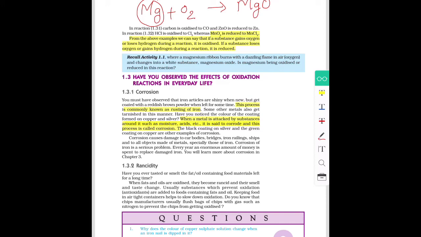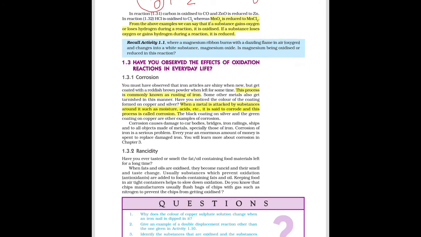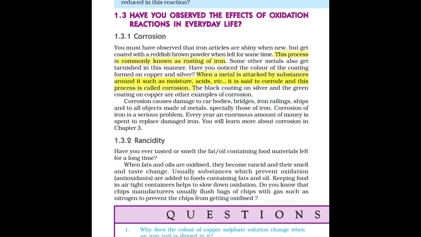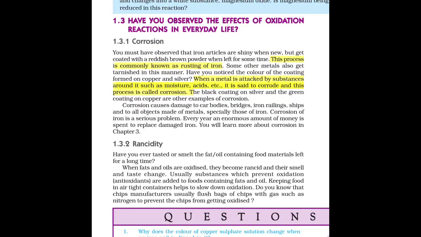Keeping food in an airtight container helps to slow down oxidation. Do you know that chip manufacturers usually flush bags of chips with a gas such as nitrogen to prevent the chips from getting oxidized? So this is how oxidation and reduction reactions affect our day-to-day life, and there are certain measures which should be taken to prevent this oxidation.